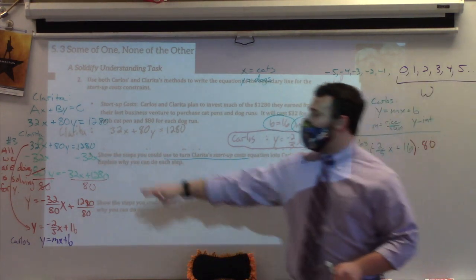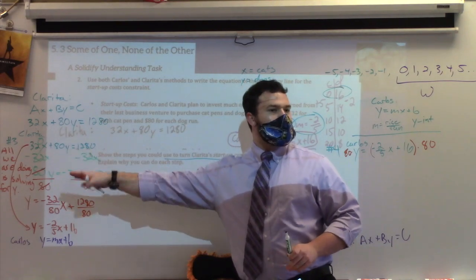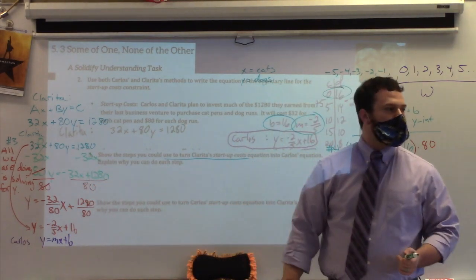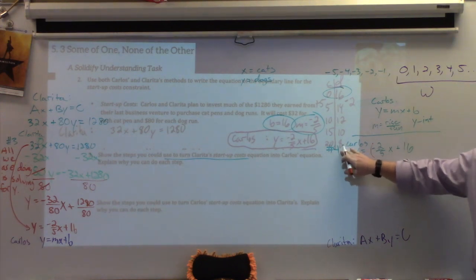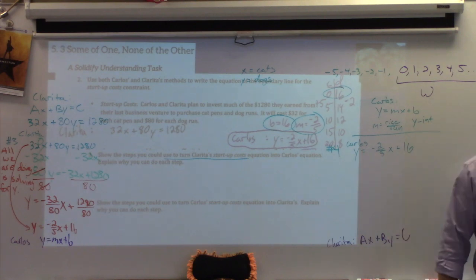However, if you did not have this work here, would you have known to multiply by 80? No. So let's talk about what we could have known no matter what. Desiree, you had a great strategy. What was the thing you decided to do here? Look at your paper.